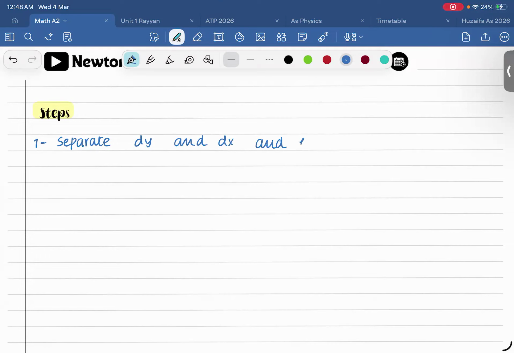and the variables, right? dy and dx should be in the numerator.